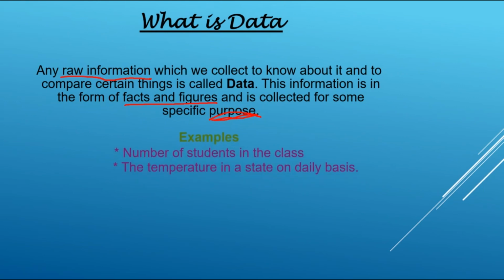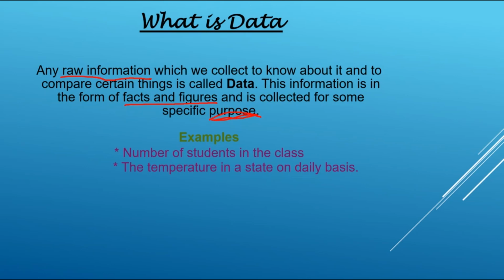Now examples, we can take here the number of students in the class, their weights. I already told you the example. The marks scored by children. So when you give a test, the marks scored by the children, which is collected by the teachers, is also data.